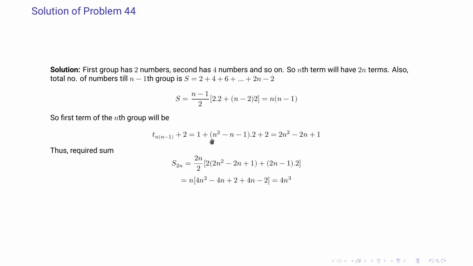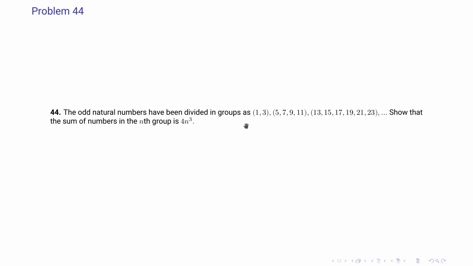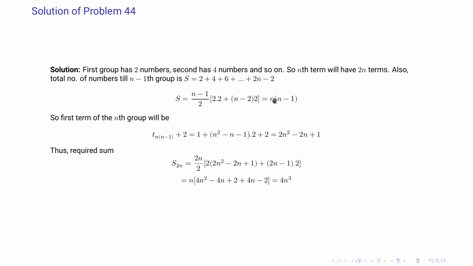That is equal to 1 plus n square minus n minus 1 into 2 plus 2, which is equal to 2n square minus 2n plus 1. Because the first term is 1, the number of terms is this much, and the common difference is 2.